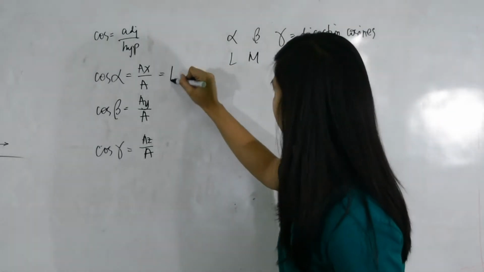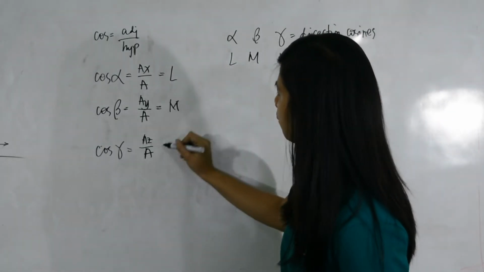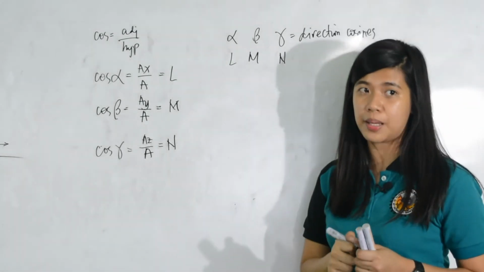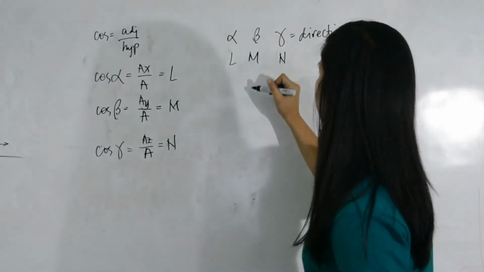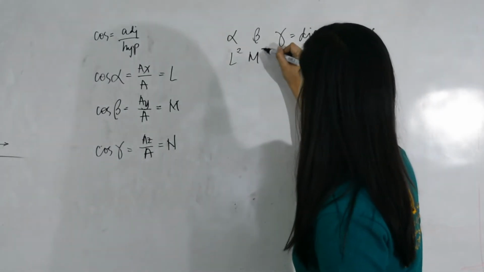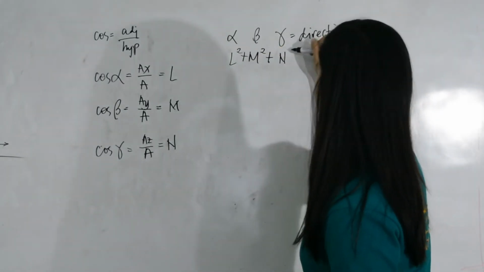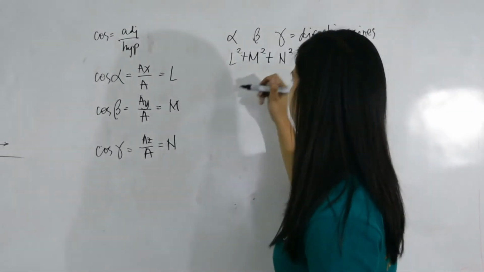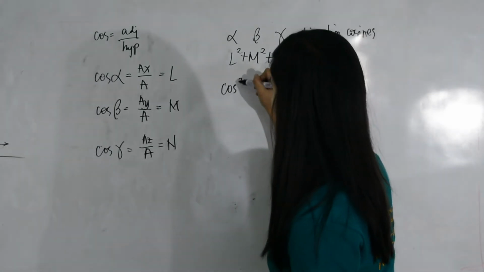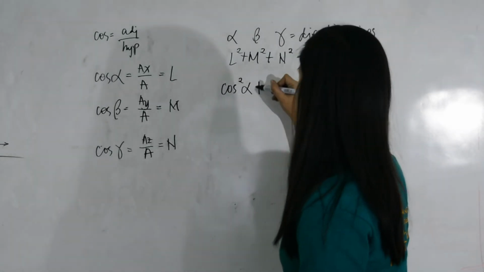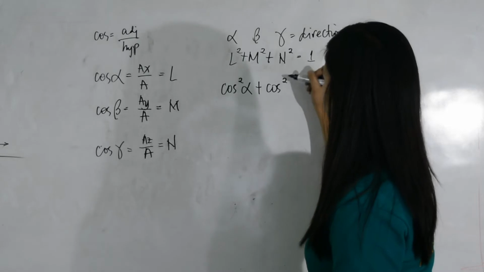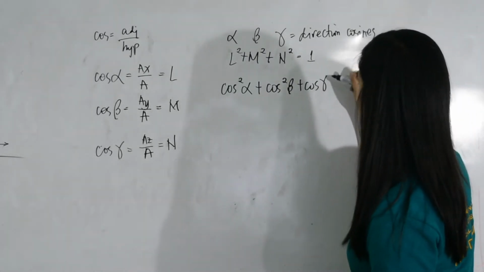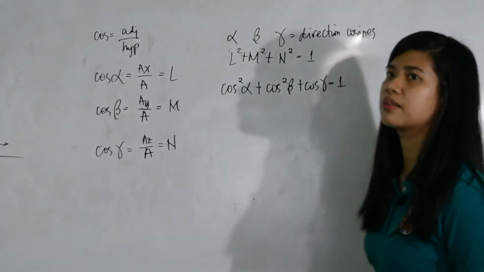Just square all of them and add: l squared plus m squared plus n squared is equal to 1. So that will look like this: cosine squared alpha plus cosine squared beta plus cosine squared gamma is equal to 1.